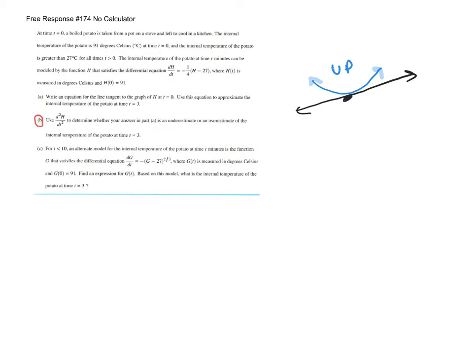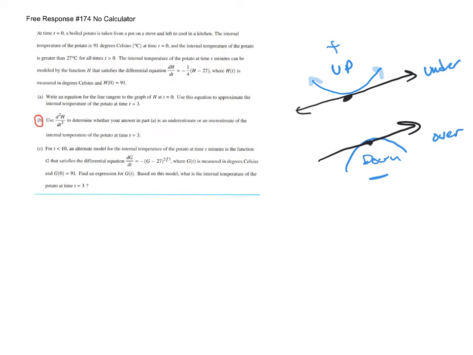We're an underestimate. However, if our function was concave down, our tangent line would be above the curve, and that'd be an overestimate, because it's higher. But when we're concave down, we'll have an overestimate. This is over, and this is under. Okay, so essentially what we want to know is the second derivative positive or negative?